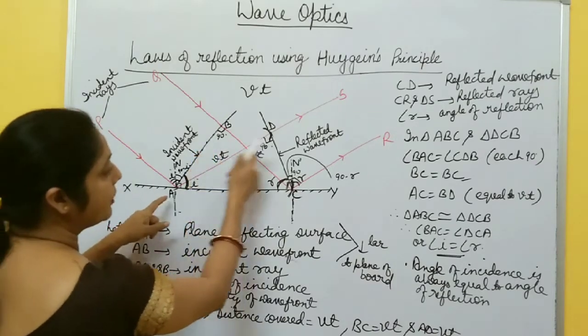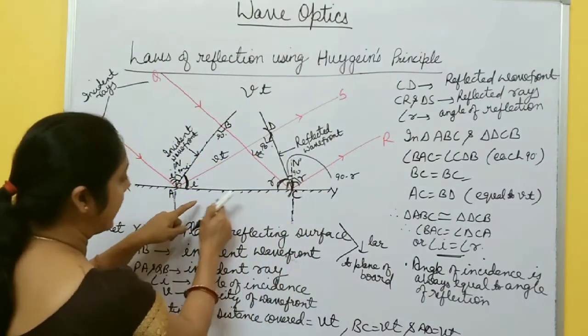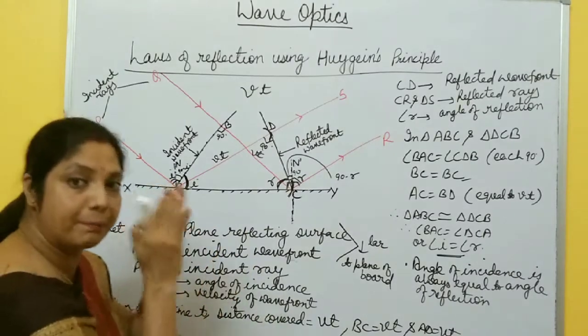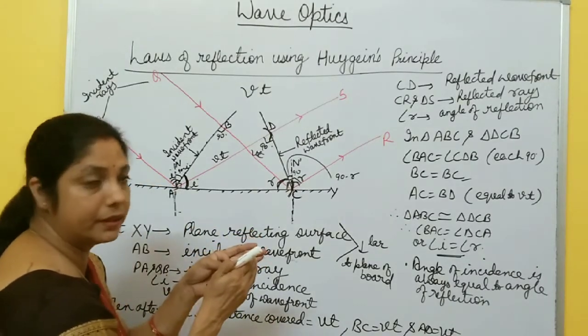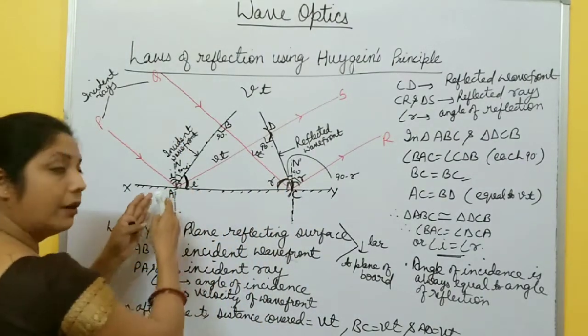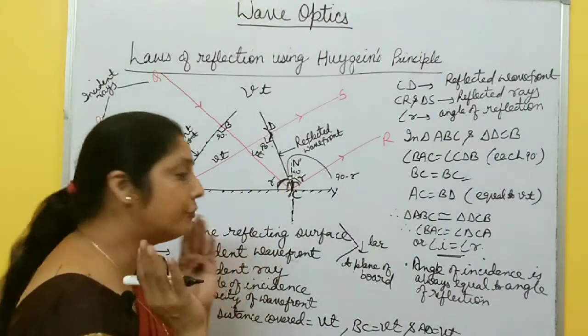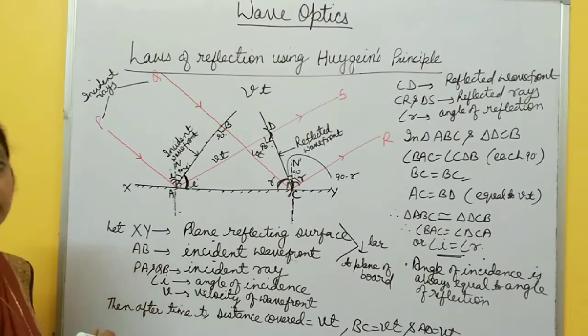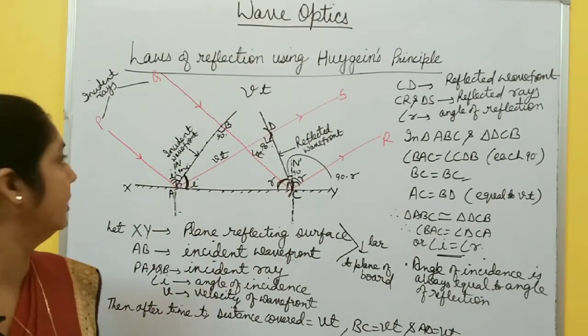If incident wavefront, reflected wavefront and reflecting surface are perpendicular to the plane of paper, then incident ray, reflected ray and normal are in the plane of paper. So you can easily prove second law also with the help of this geometry, right?